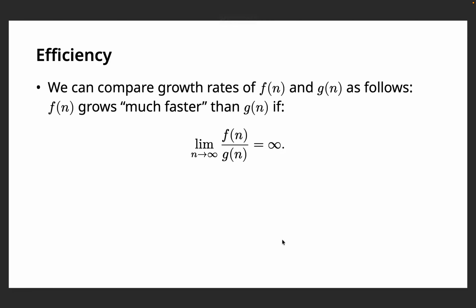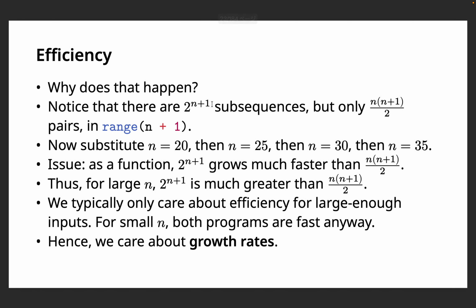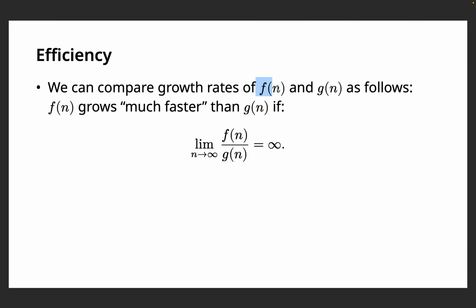Okay, so there's one main way to compare the growth rate of two different functions. For example, the 2 raised to n plus 1 here, and the n times n plus 1 over 2. If we have two of these functions, we say that one of them grows a lot faster than the other one if we take the limit of f over g, and this is equal to infinity.